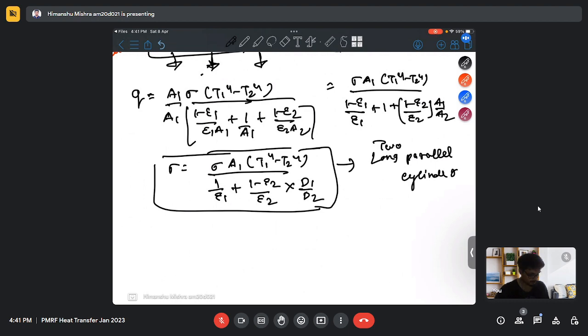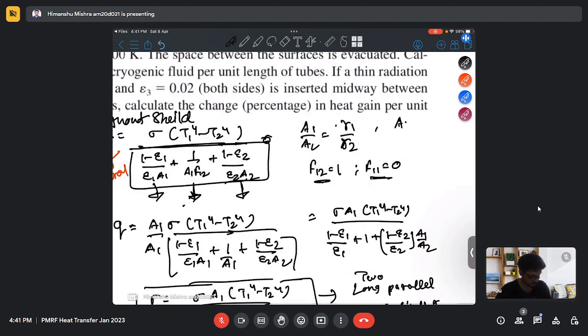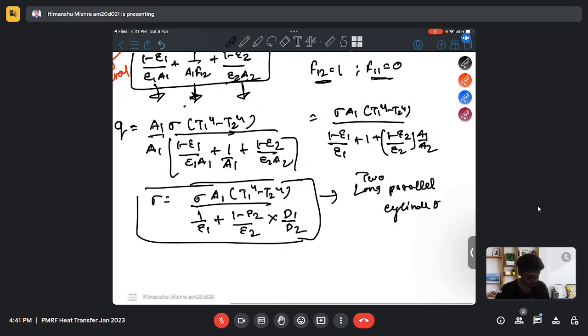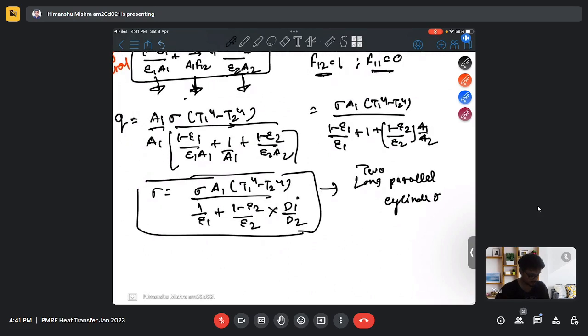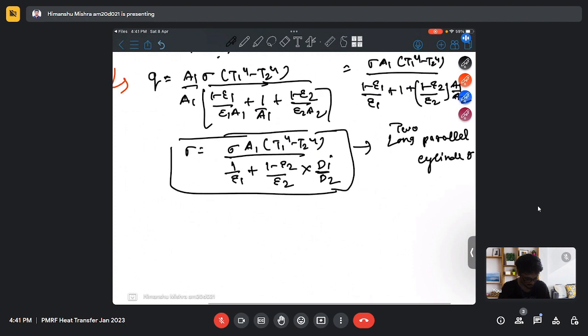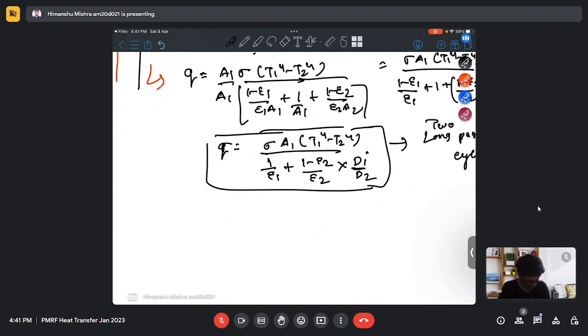For a spherical surface, two parallel spherical surfaces, my area A1 by A2 equals R1 squared by R2 squared. So for the spherical case, we will get D1 squared by D2 squared. For the long cylinder, we get D1 by D2. And for the long parallel flat plate, we will have the same dimension, L1 by L2. So this is my heat transfer without shield.